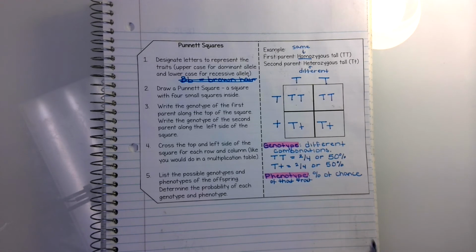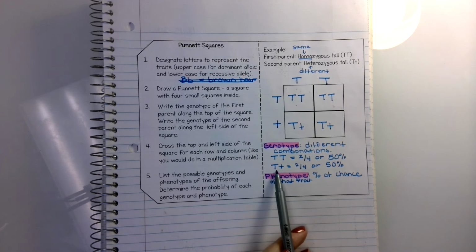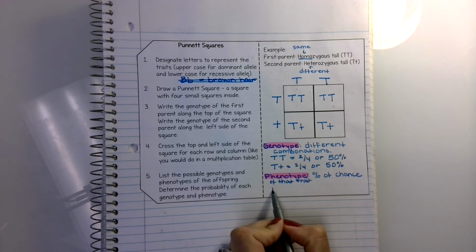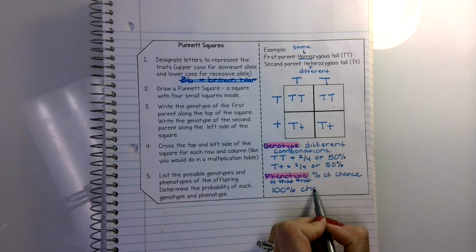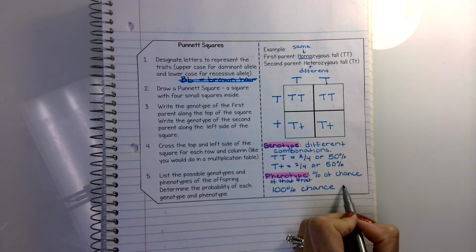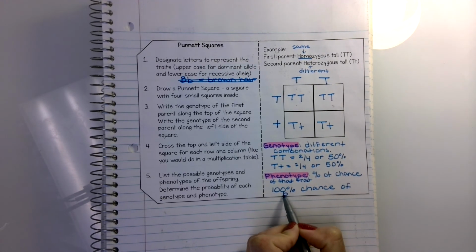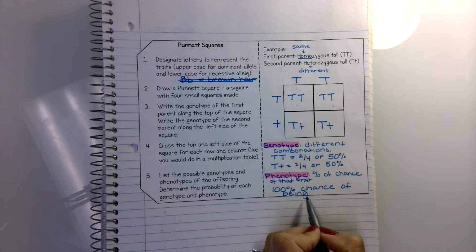So the chance of this offspring being tall is 100%, because there's a 50% chance that they're going to have 2 dominant genes that are tall, and a 50% chance that they're going to have 1 dominant gene that's tall. But we know that if there's a dominant present, the recessive cancels out. So 100% chance of being tall.